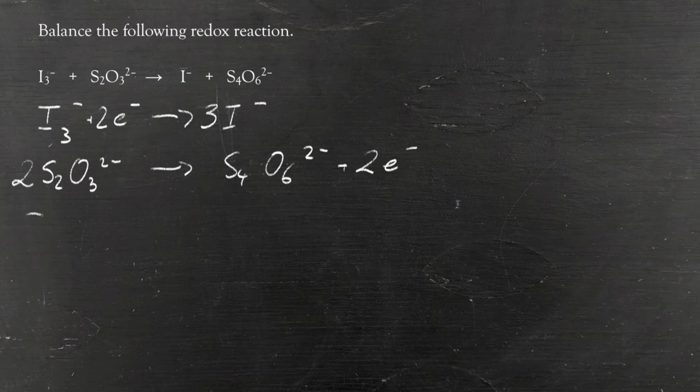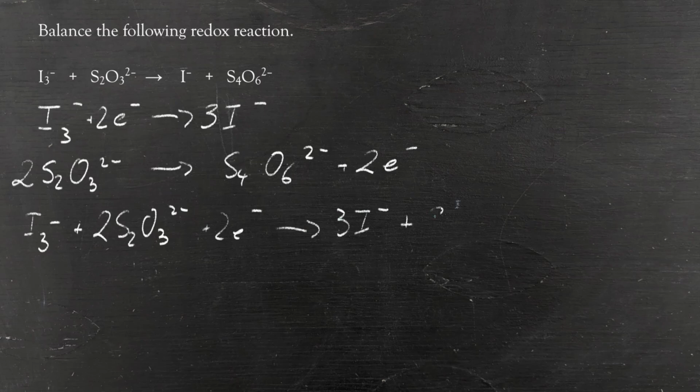And we'll get that we have triiodide plus 2 S2O3 2- plus 2 electrons react to form 3 I- plus S4O6 2- plus 2 electrons. And then we can cancel out the electrons on each side, giving us the final equation.